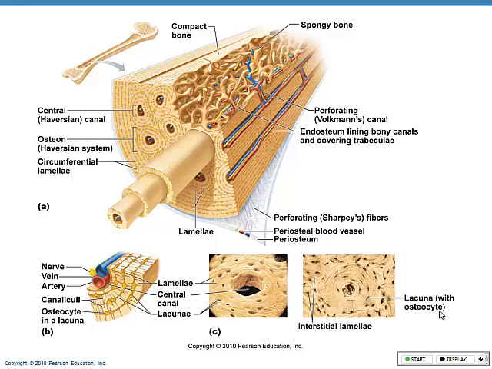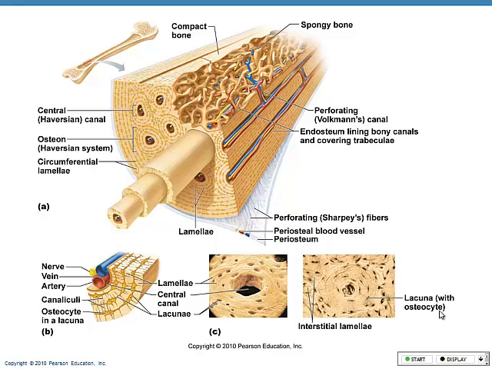When we take a close look at the osteon here, so I've sucked one out and take an up-close look down here, I see my blood supply, artery, vein, I see nerves, and then I see the cells. So what are these little cells called? They're the bone-maintaining cells. What are those called? Osteocytes.